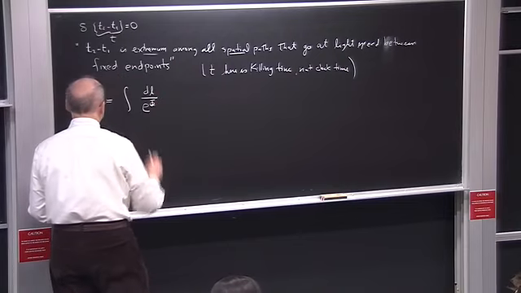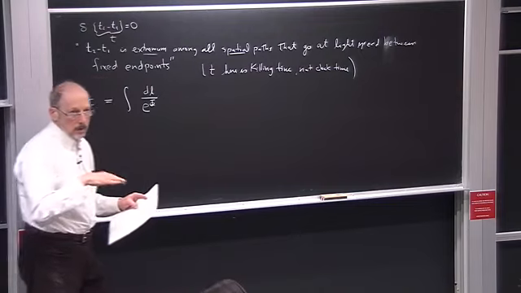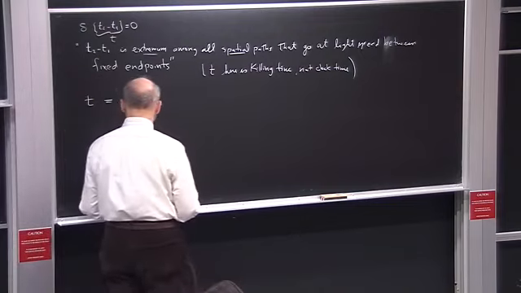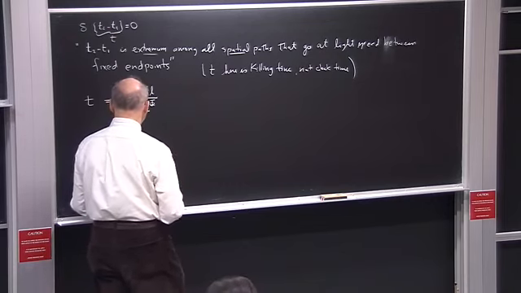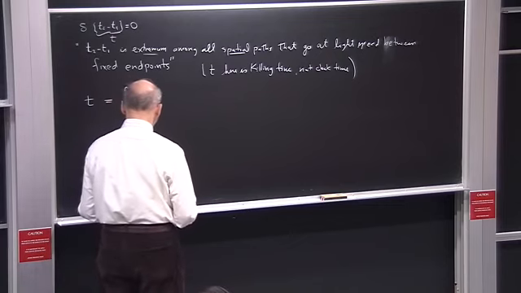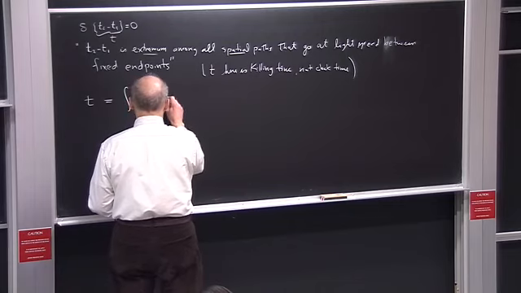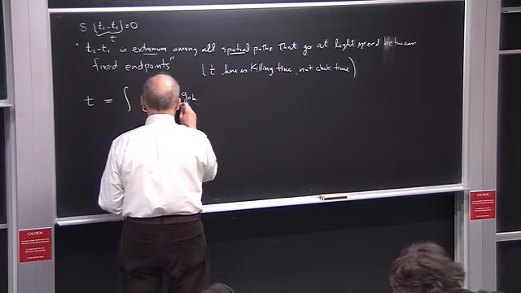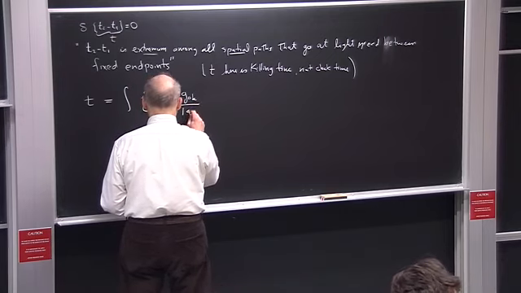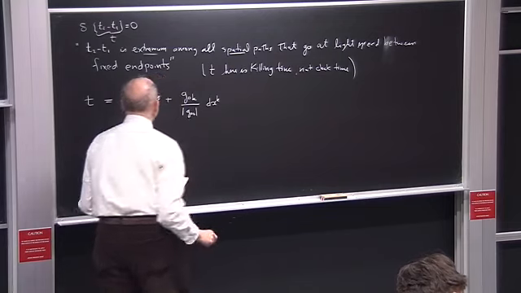I'll say what these are in a second. This is the spatial distance, the one that we talked about, the distance measured in the reference frame of these people moving at the Killing vector, following these people whose world lines are the integral curves of the Killing vector. In other words, stationary observers, as you might call them. Anyway, let's leave it like that.